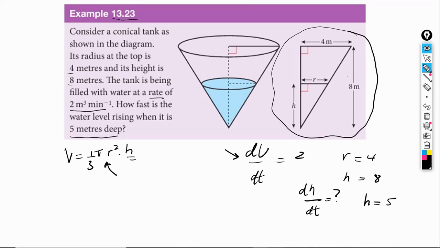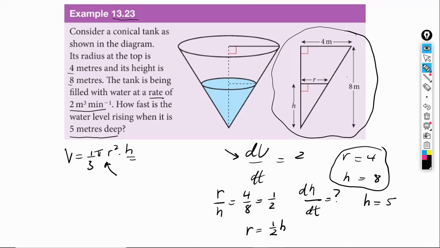And that's easy to do because we have this relationship here. When the radius is 4, the height is 8. So radius over height is equal to 4 over 8, and that is really 1/2. So that means that the radius is 1/2 the height.